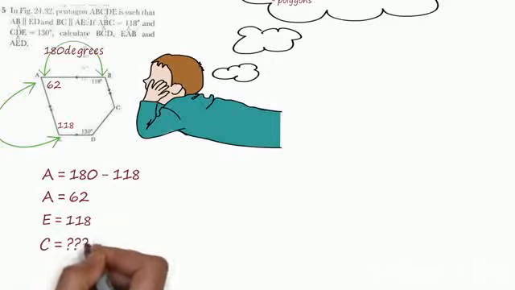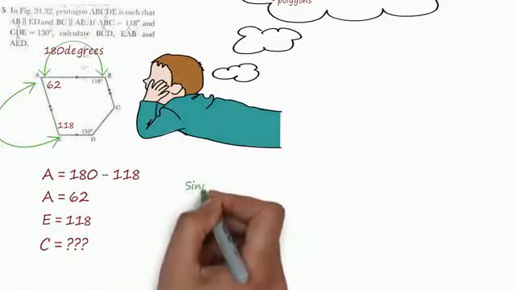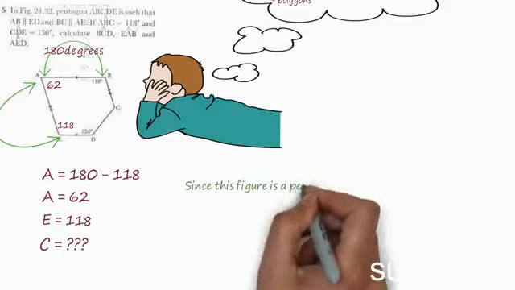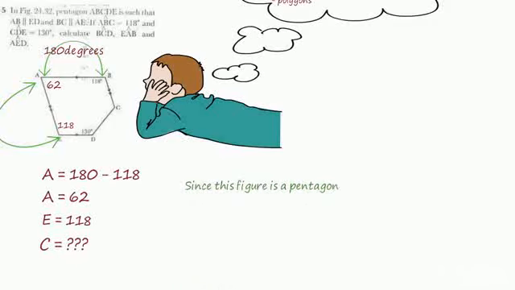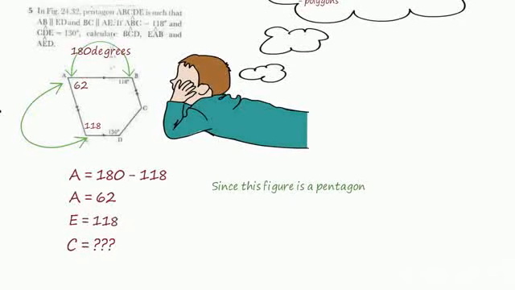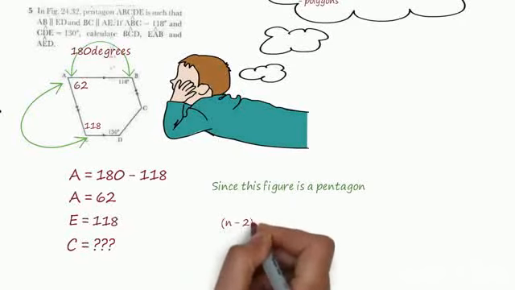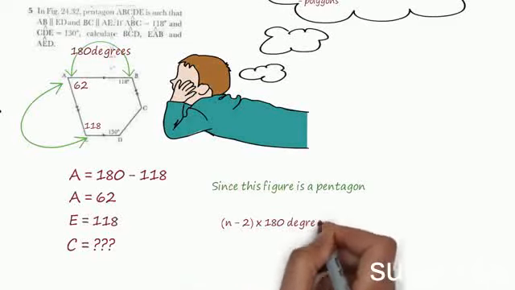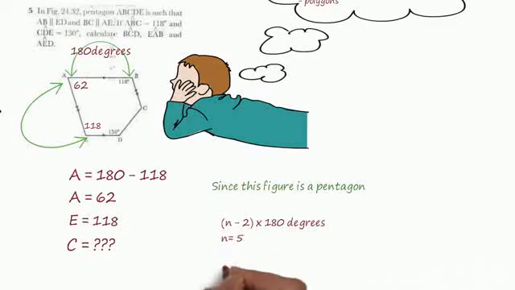Already we now have A, B, D, and E, and we need to find C, and we know that this shape, this figure, is a pentagon. So we need to calculate how many degrees a pentagon has, and we're going to use the formula n minus 2 times 180 degrees. N is equal to 5. Therefore, if we substitute n is equal to 5, we get 3 times 180.